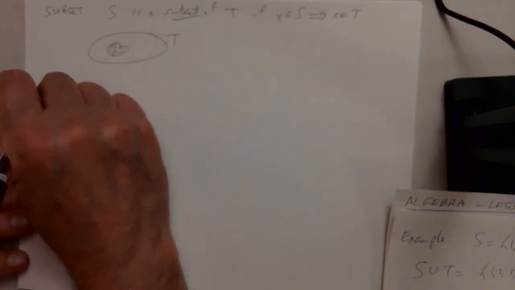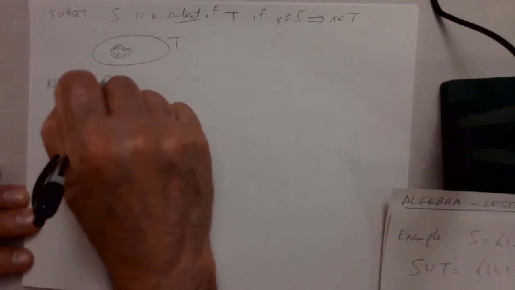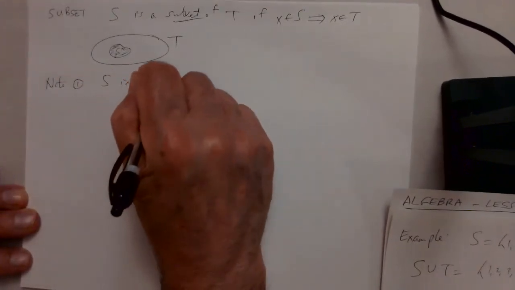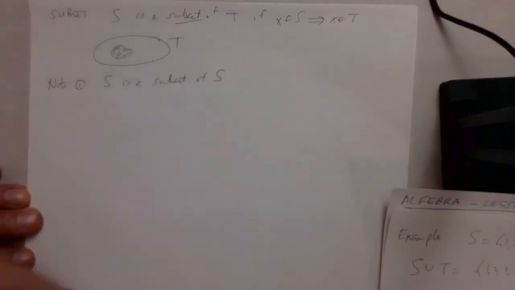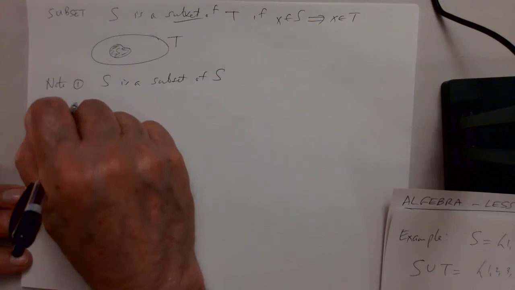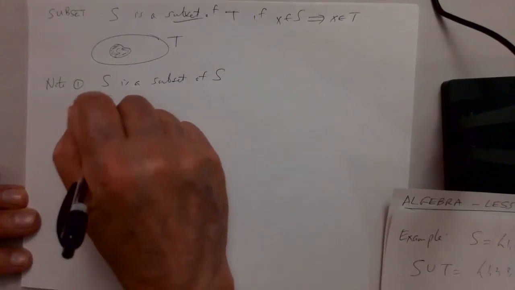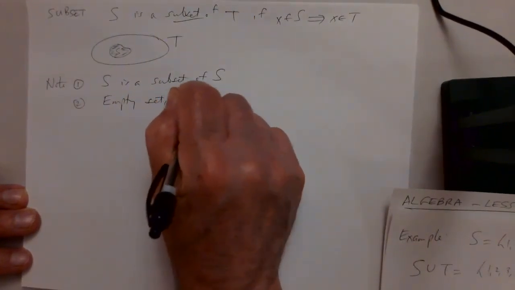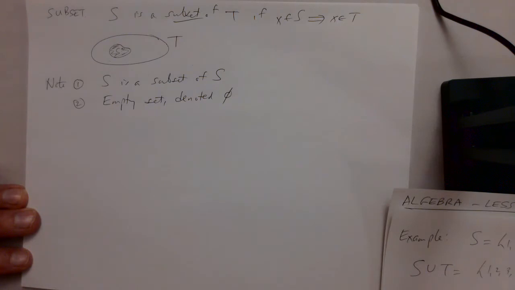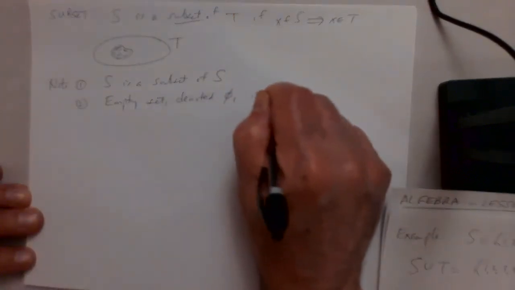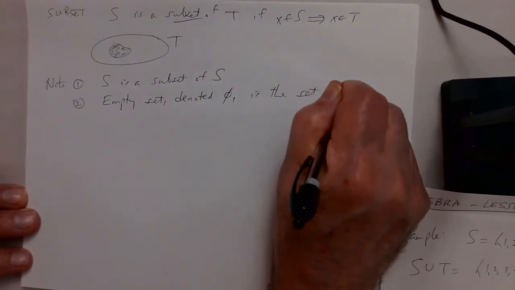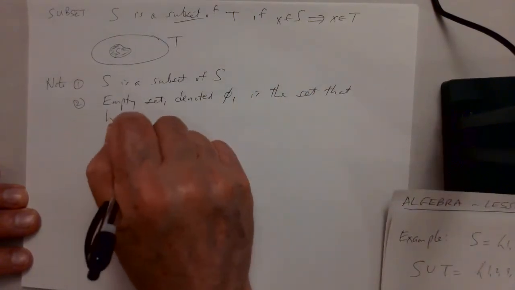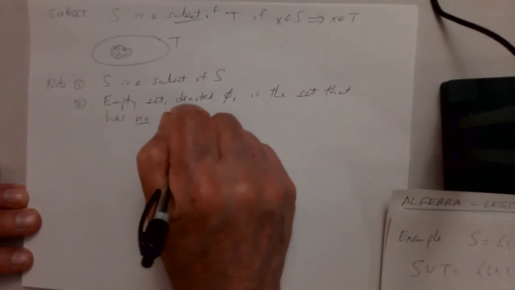There are two subsets that every set has. First, S is a subset of itself. And second, there's a set which is called the empty set. The empty set, which is denoted like that, is the set that has no element in it.